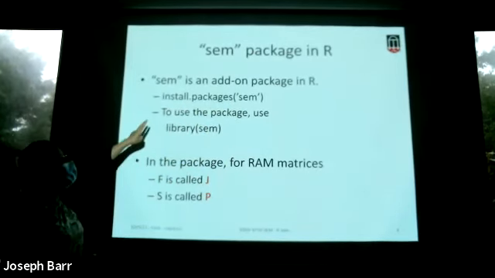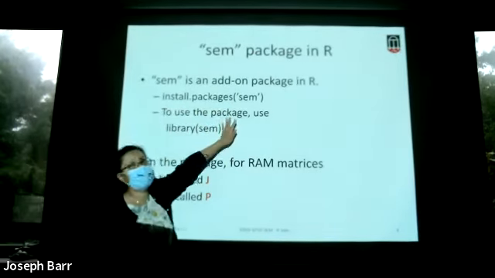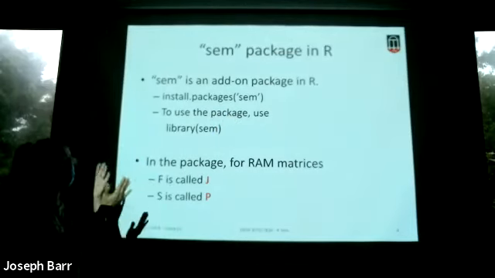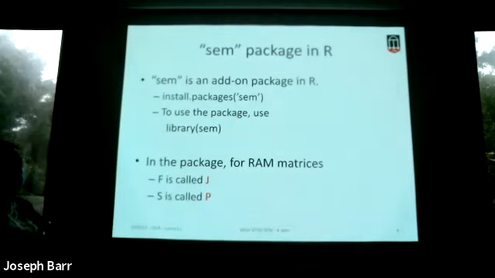There are 2 ways to install a package. You can use a command like this in R, or in RStudio, in the bottom right panel there are a lot of tabs. One tab is called Packages. Click Install, then manually input the name sem, and it will automatically install that package for you.